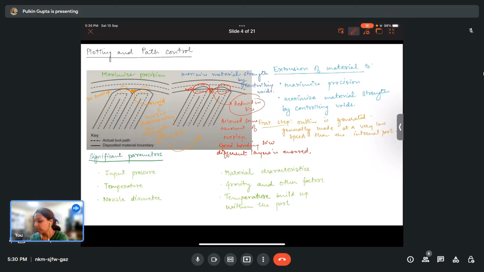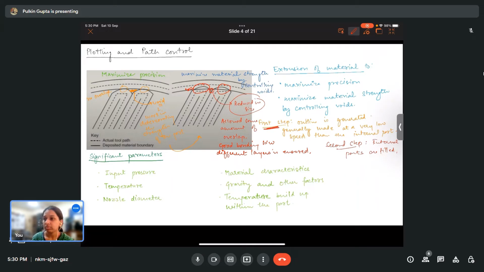Okay, and then we have the second step where internal parts are filled. In continuation with this first step, we have the second step.